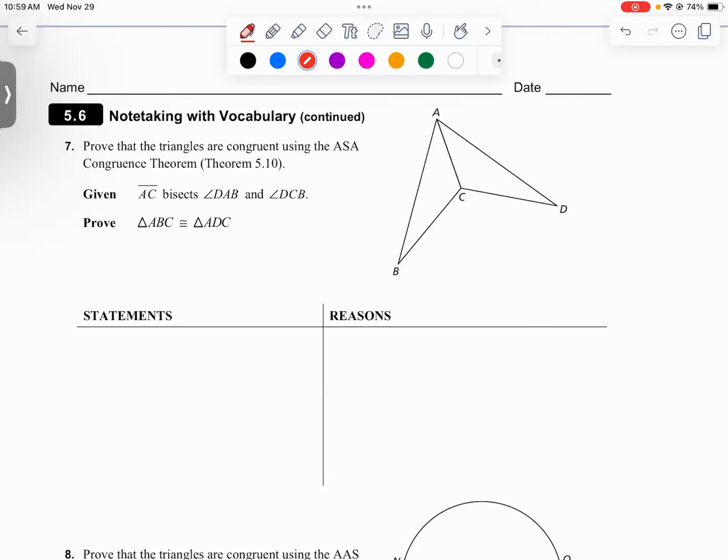So let's look at this proof, number 7. We know that AC bisects angle DAB and angle DCB.